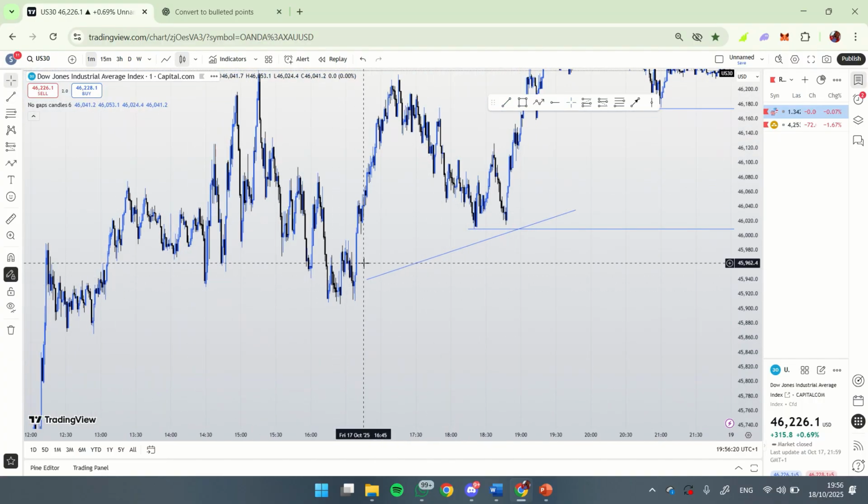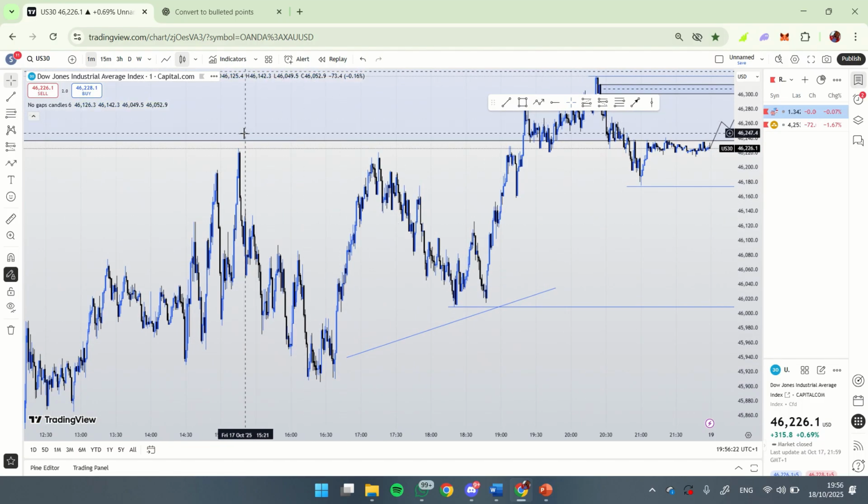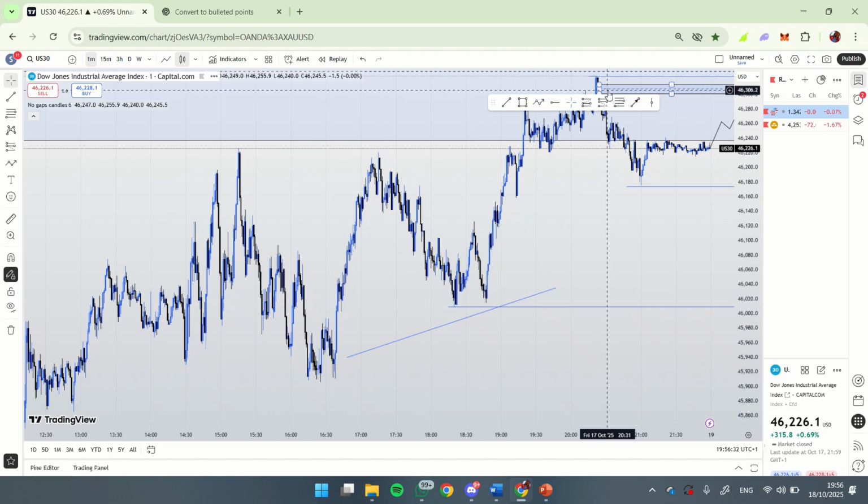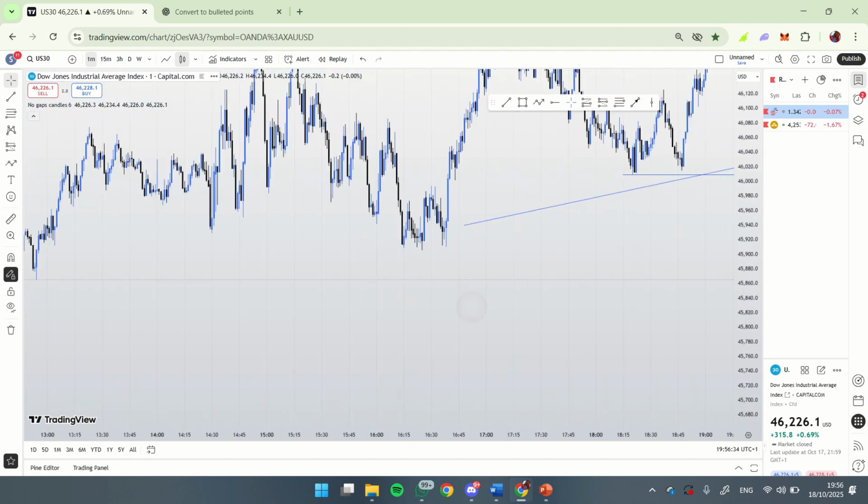This place here is the origin of this whole move, because if you are going to use the main structure, this is the high and this is the low. And if you look at the low that brought the main high, there's a zone there.